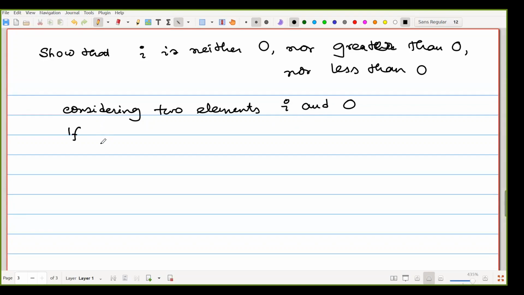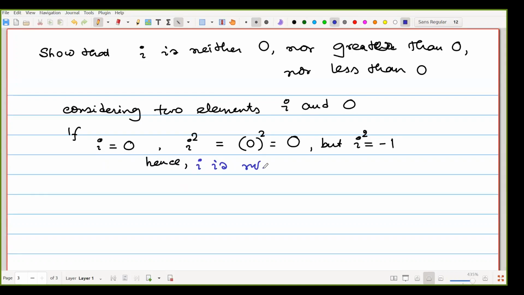If i is equal to 0, then i square, that means 0 square, is equal to 0, but i square is not equal to 0. i square is equal to minus 1. Hence, we can say here i is not equal to 0.